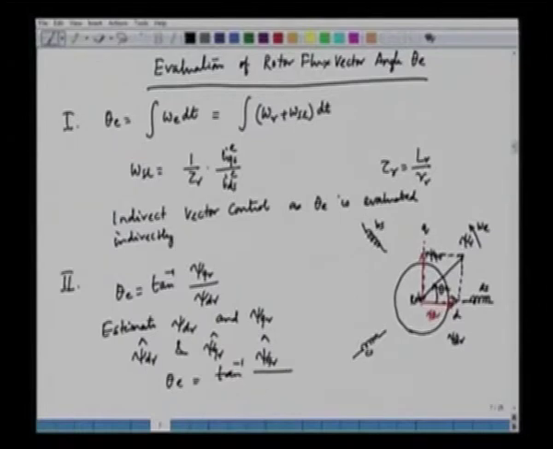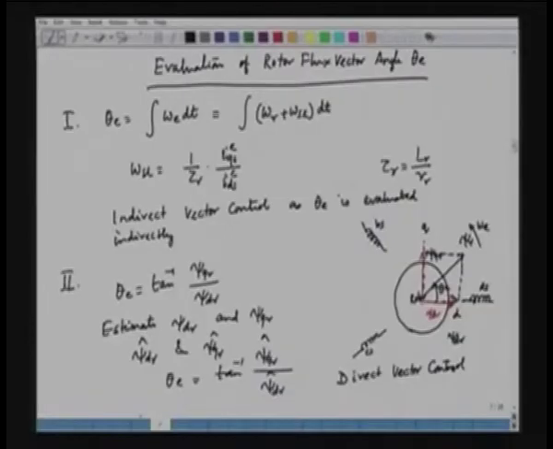These are the estimates, and from the estimates we can calculate or evaluate the rotor flux angle, that is theta e. So, this is called direct vector control, because in this case we are able to find out theta e directly without taking the help of slip speed.